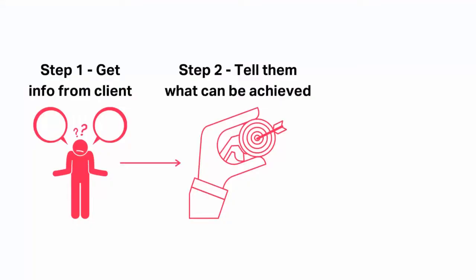And we do ask things like, what's your budget for getting things fixed or improving your processes? Just so we've got an understanding of whether they've got 50p or 50 grand, so we can change how we're going to communicate back. From that point, when we have the next conversation with the client, we will tell them the areas of what can be achieved, what can be improved, but not necessarily how to do it.